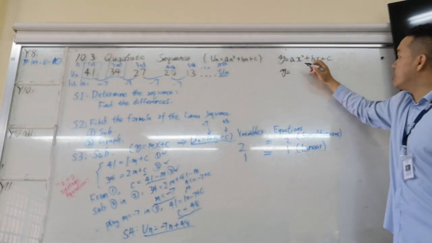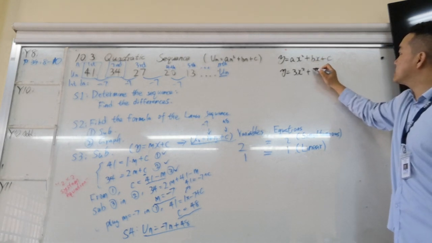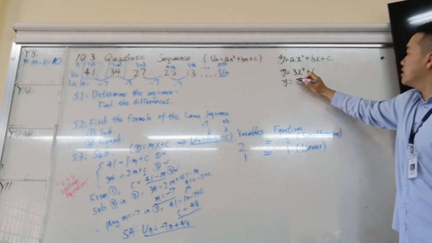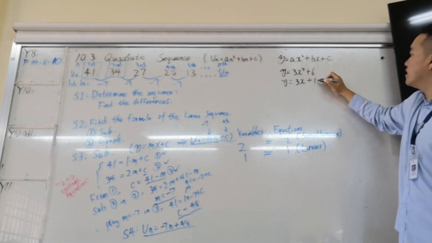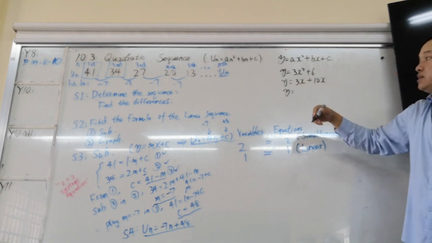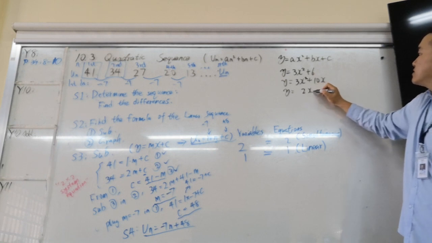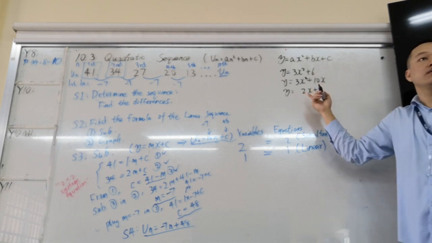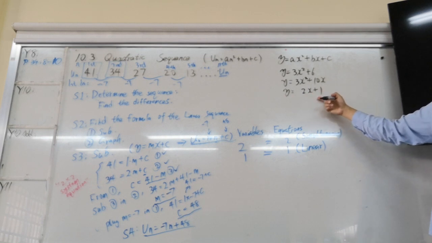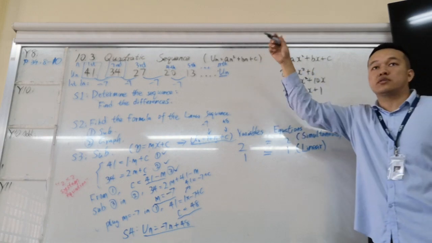It can be y is equivalent to 3x squared plus 6, y is equivalent to 3x squared plus 10x, it can even be y is equivalent to, say, 2x plus 1. I mean, it's weird now. This one is just a linear equation, right? But y should be in the range of quadratic sequence.